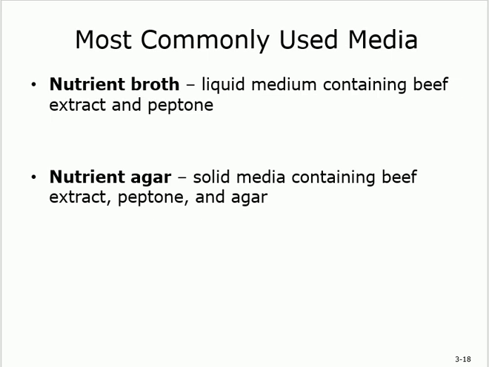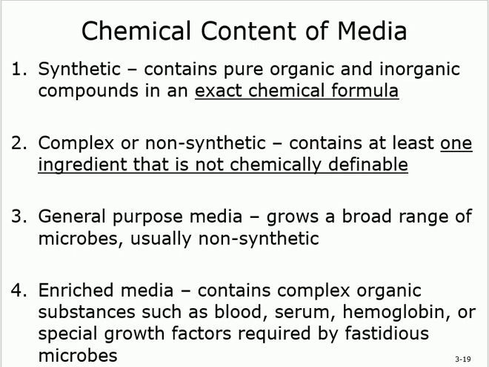The second one is nutrient agar, and this is solid. It also contains beef extract and peptone plus agar, and that's why they call it nutrient agar. And where do we get the agar from? Red algae. So nutrient agar is an example of solid, nutrient broth is an example of liquid. Semi-solid is not used that much, but it still exists.